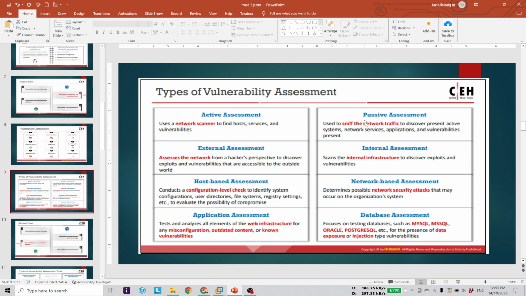Passive assessment is used to sniff the network traffic to discover present active systems, network services, applications, and vulnerabilities. In passive assessment, it is possible to sniff the network on both local and remote.